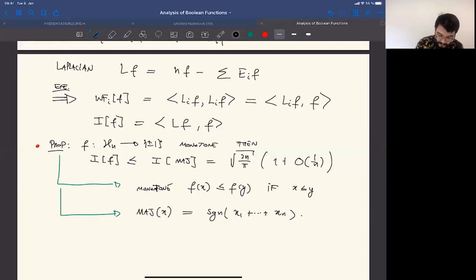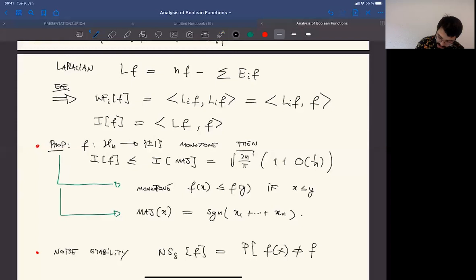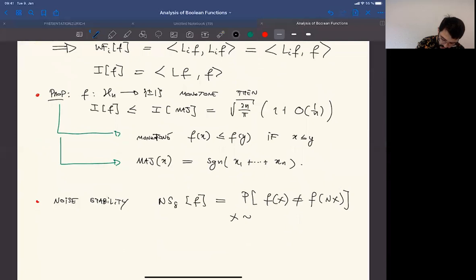Okay, let me define some other things. Noise stability. So the noise stability delta of a function f is the probability that f of x is different than f of nx, where x is uniformly distributed in the Hamming cube and n is also a random variable, but it is a biased one. I will say what this is in a moment.